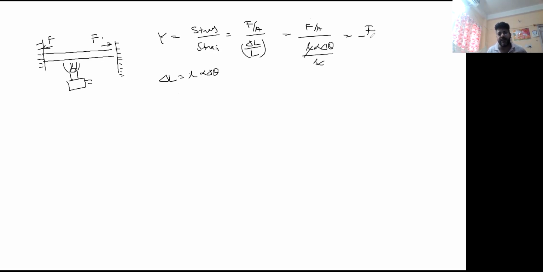So force by area is Y alpha del theta. So मेरा force कितना हो गया, Y A alpha del theta.